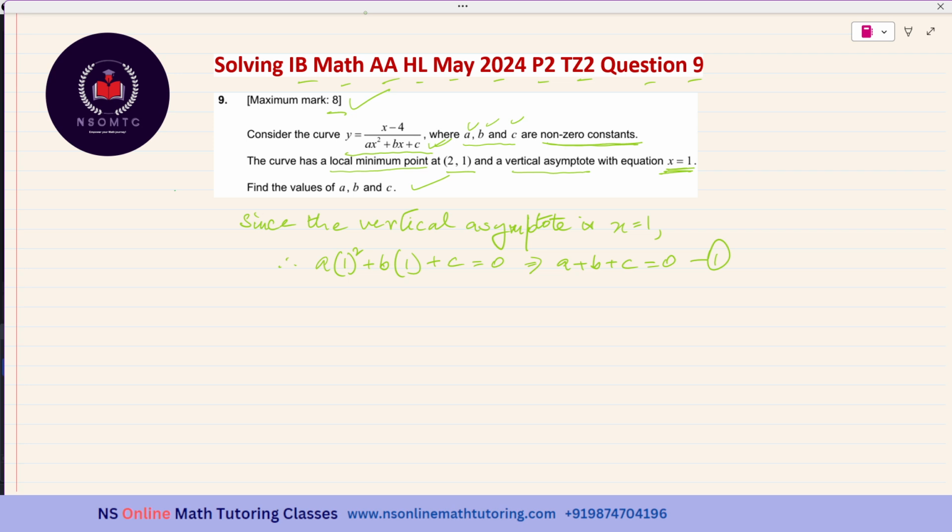And there is this point given, the local minimum point with the x coordinate as 2 and the y coordinate as 1. So we understand that when we substitute 2 in place of x in this expression, the y value has to be equal to 1. Okay. So from here we will be getting our second equation.